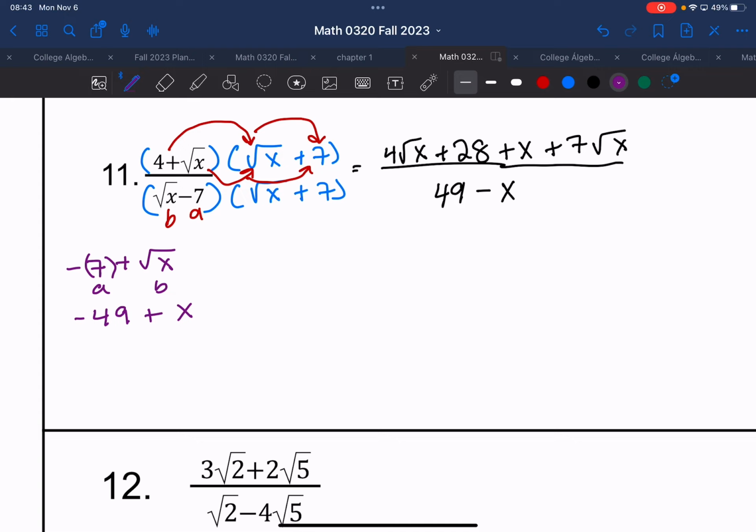And if I was to rewrite that, that becomes x minus 49. So when we're labeling our a and our b, we're not including the sign for a, because we're already changing the sign here.